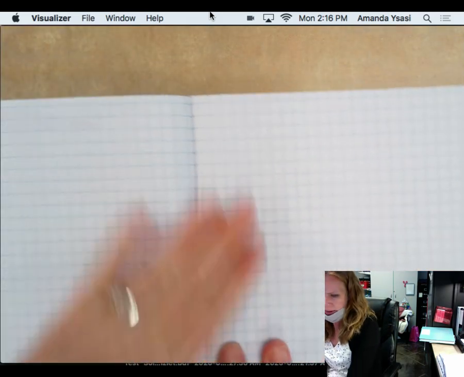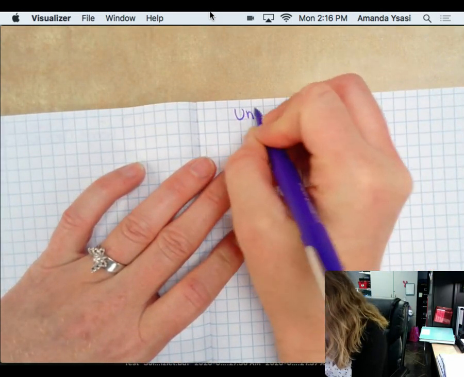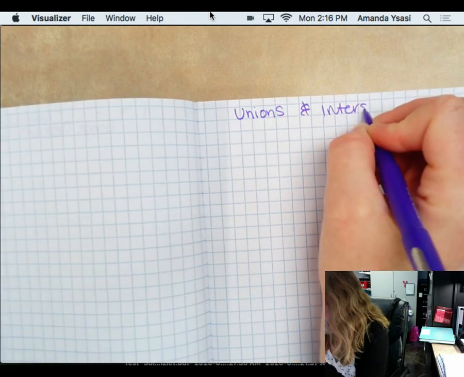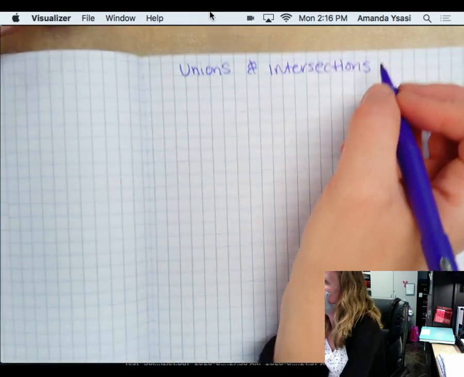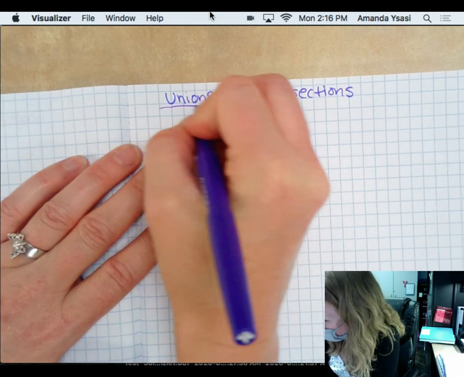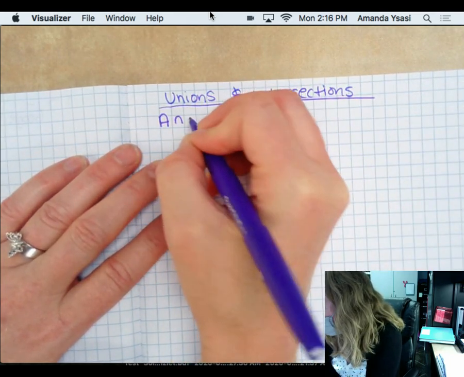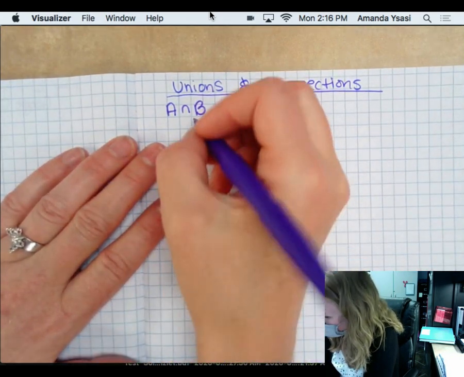Okay. So let's talk about unions and intersections. So A intersect B. So the upside down U is intersect.